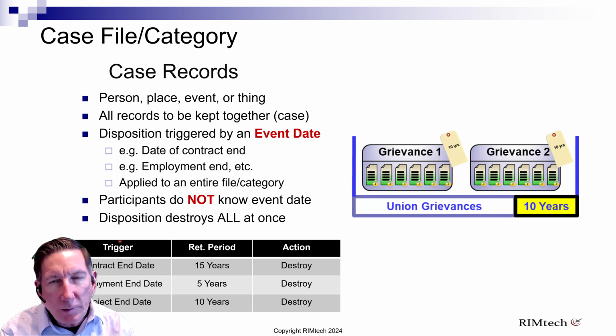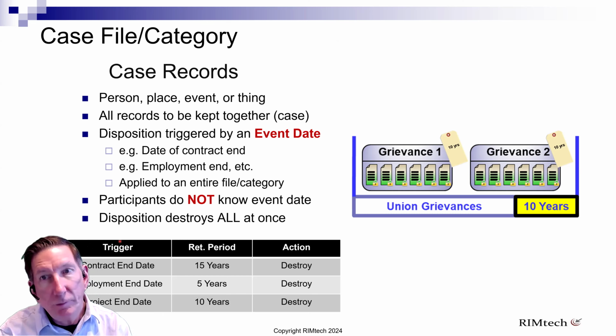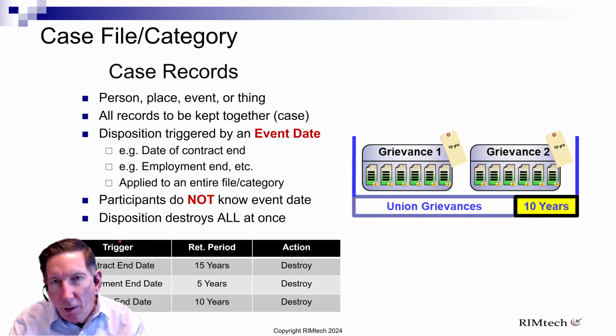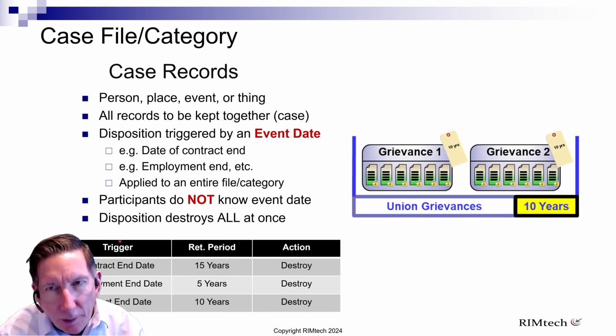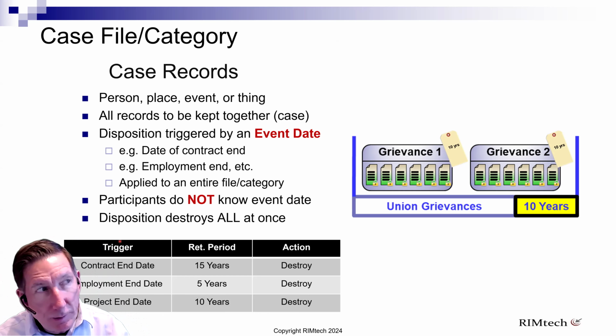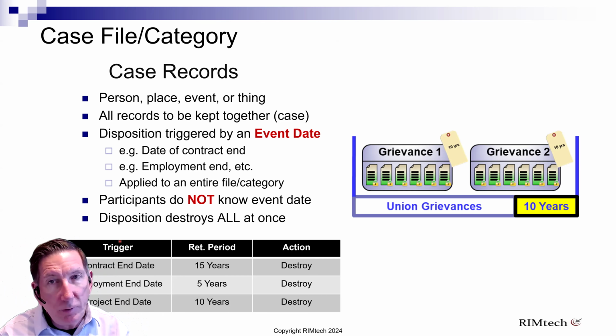So business activities about a person, place, event, or thing are case categories. So any record in there becomes a case record, okay? And what do persons, places, events, and things have in common? They all die. They all come to an end.